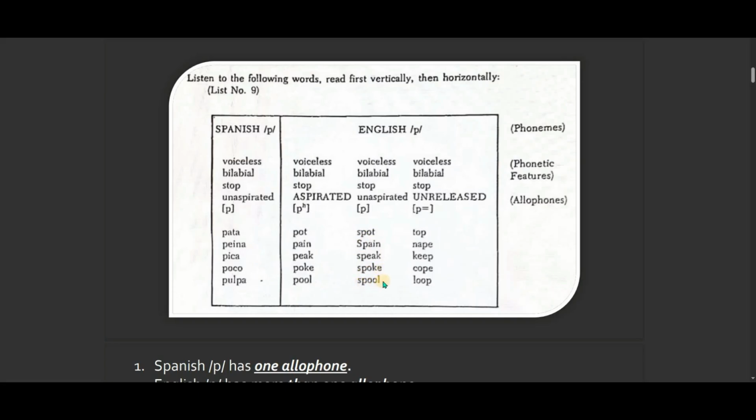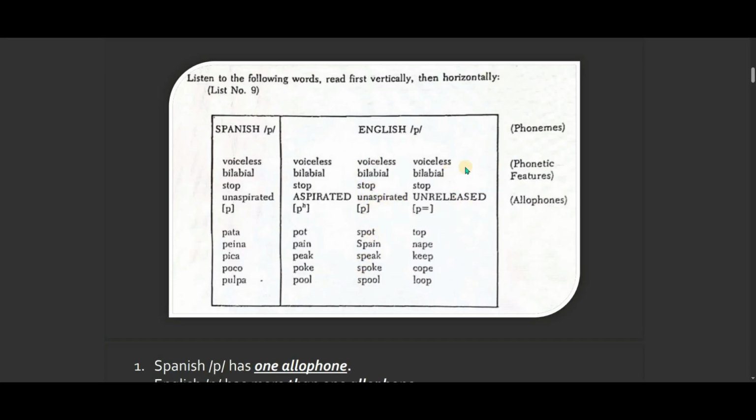In this case, we don't say spot, right? We don't say Spain or speak. No, we say spot, Spain, speak, spoke, spool, right? Which is different. So in this case, the P is in middle position, and when it is in middle position, it becomes an unaspirated allophone.